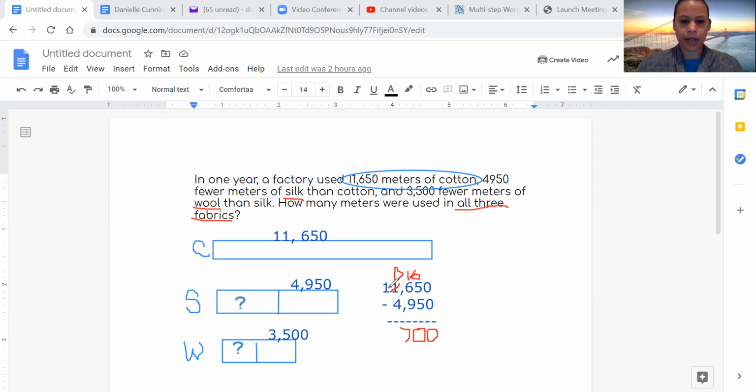We need to go over here and regroup again. This becoming a 0. That right here, we have that total of 6,000.